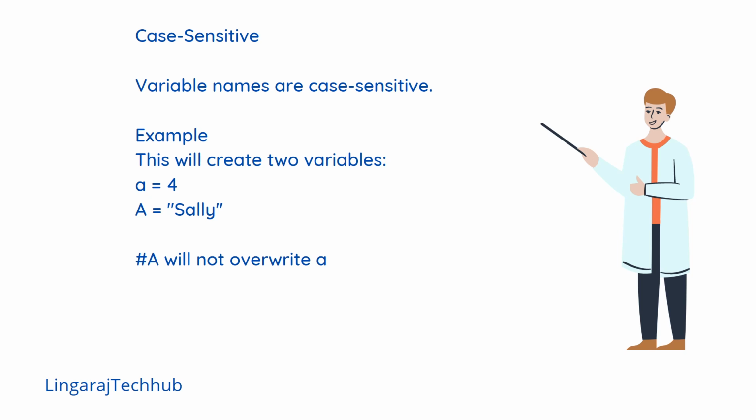Our meaning is the same, A, but the computer's meaning is different, because both are variables and both store different data in different memory locations. That's why a equal to 4 and capital A equal to Sally, which is a string type, will not overwrite each other.